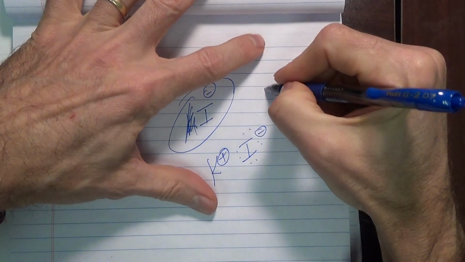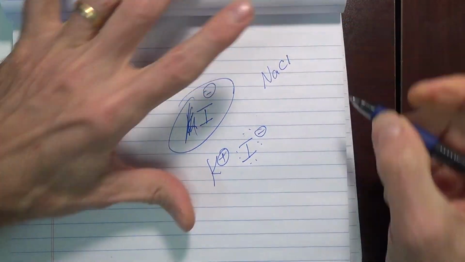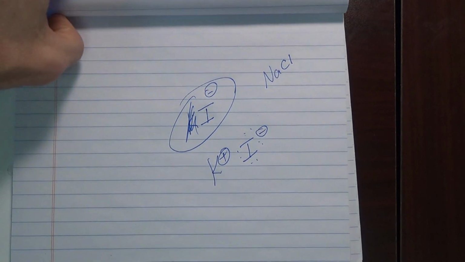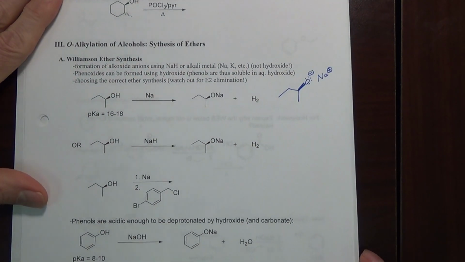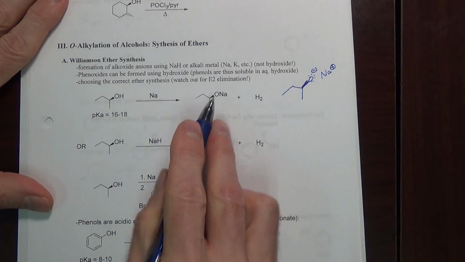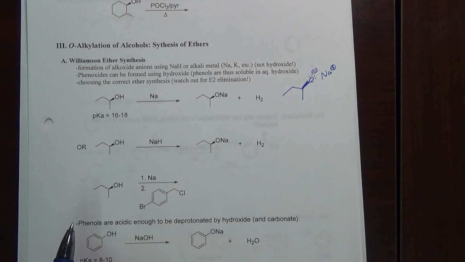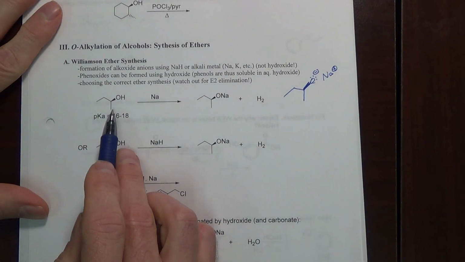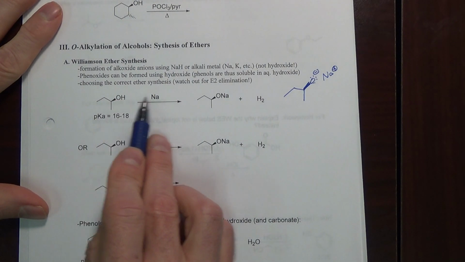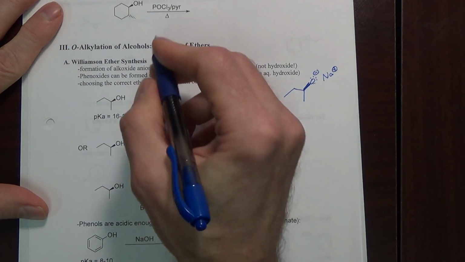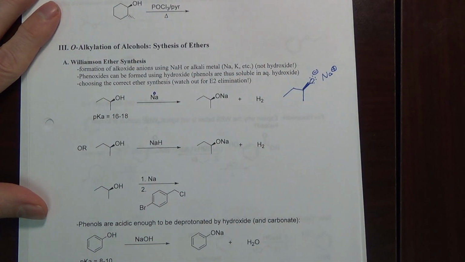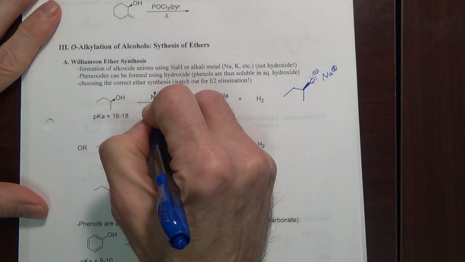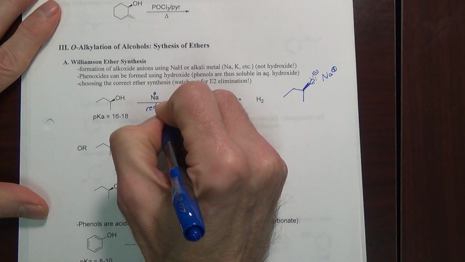That doesn't mean we can't show things like this. That's Cl minus. That's O minus right there. It's negative oxygen. This is neutral oxygen. A common way to convert this to the oxygen anion is using sodium metal, oxidation state of 0. This is actually a redox reaction. It's not a traditional acid-base.